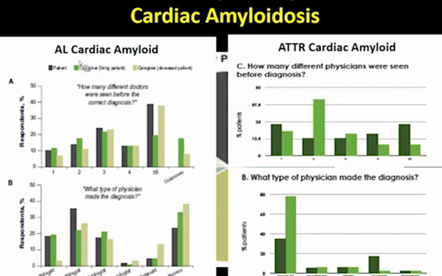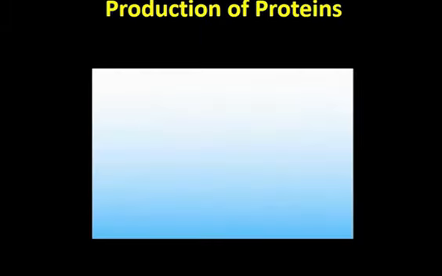In AL, because it's a systemic disease, many different providers made the final diagnosis, including cardiologists, hematologists, and nephrologists, whereas for TTR, because it's predominantly cardiac-centric, a majority of the patients who were diagnosed were seen by a cardiologist who made the final diagnosis.